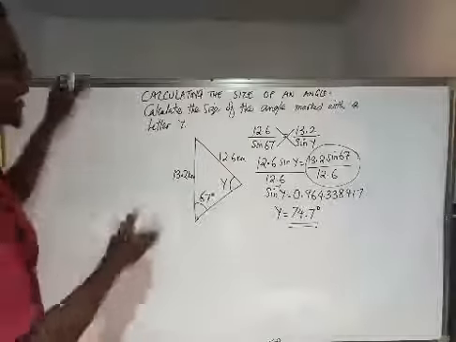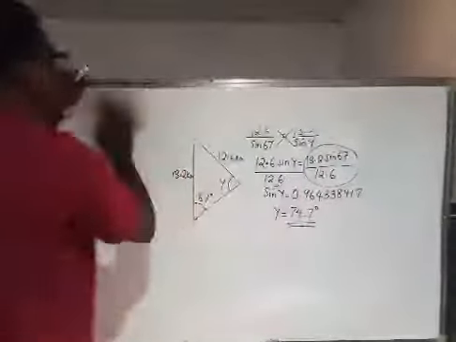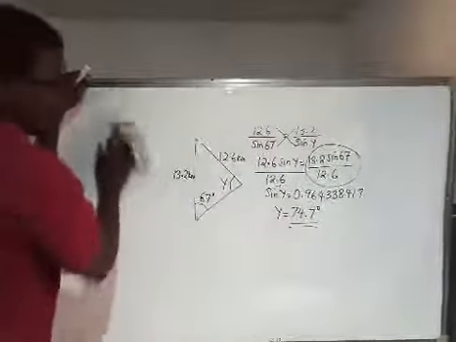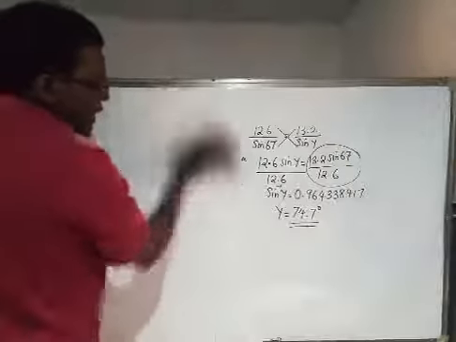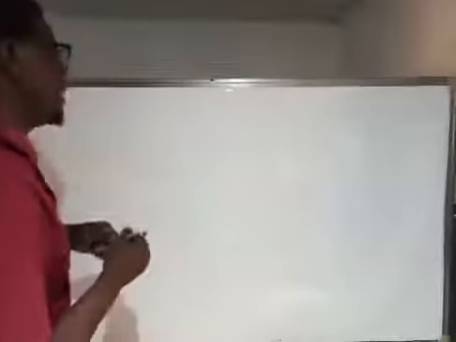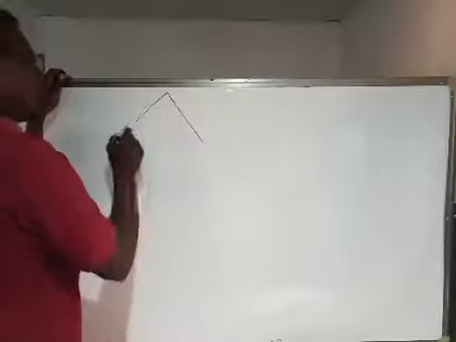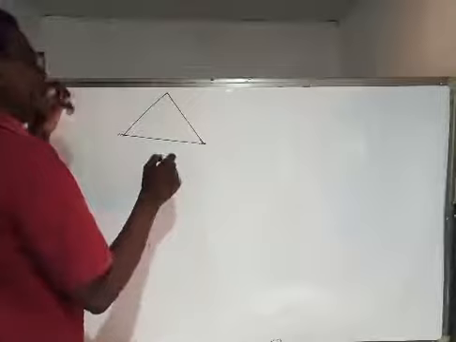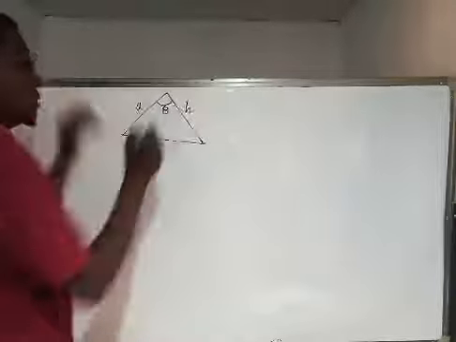How can we find the area of a triangle when you have this type of question? Now, remember the condition for area, we learned that it should be side, angle, side.